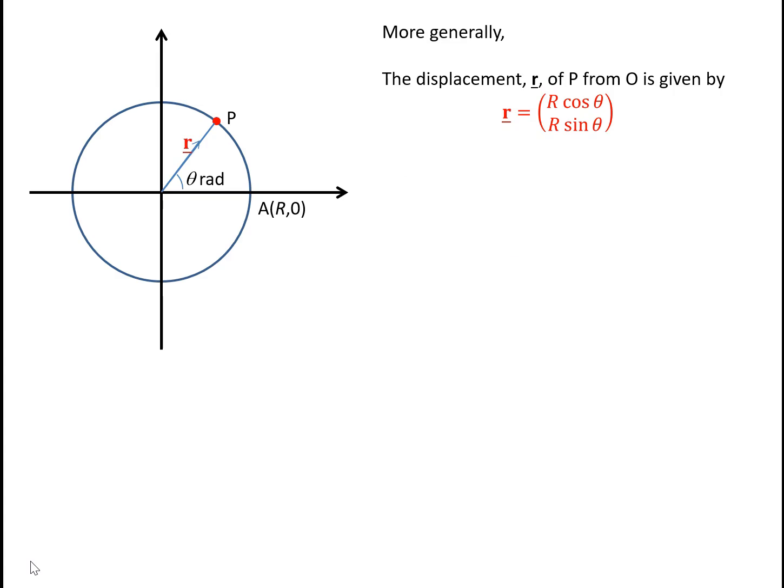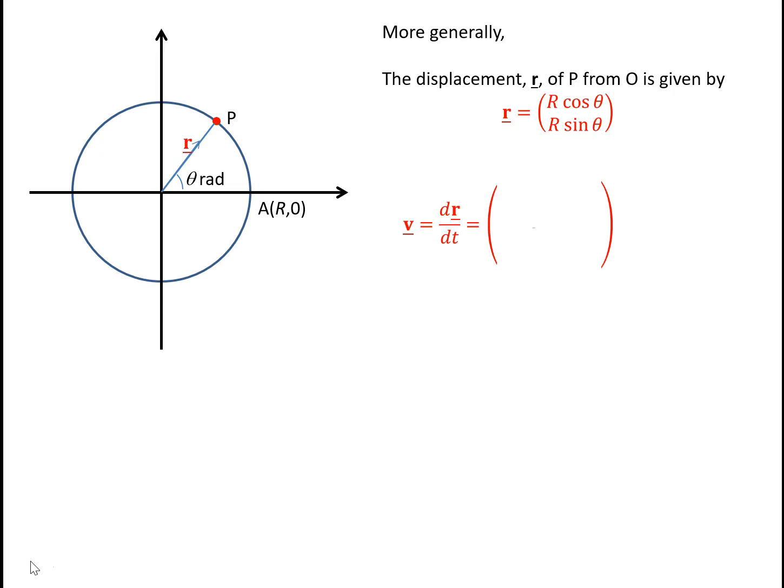Now let's move to the case where theta is not increasing at a steady rate. So we haven't got a constant angular velocity. If that's the case, then we're going to have to do some implicit differentiation to find the velocity.